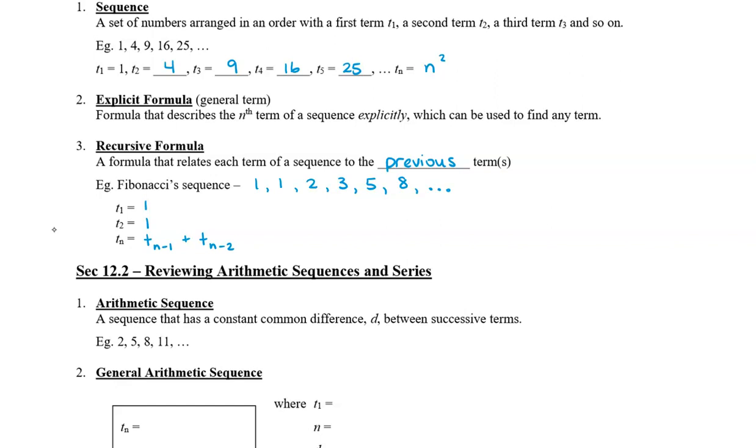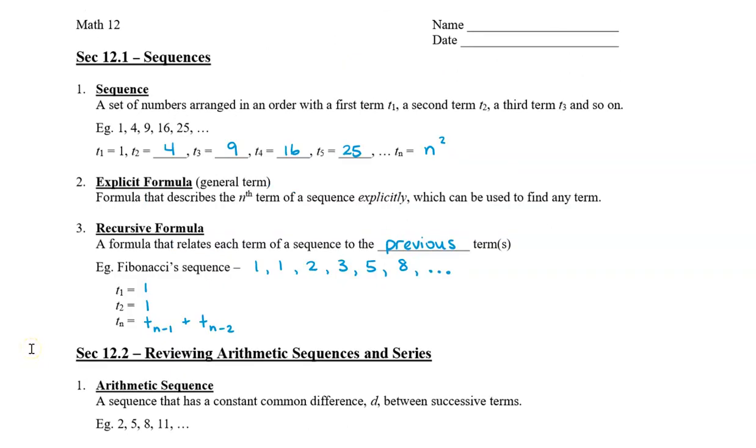So this is recursive because we need terms before to figure out the current term. So this one's not as nice of a formula because if we don't know the previous terms, then we can't find our current term. Whereas in an explicit formula, we can find any term. So even if I ask you to find the 100th term of this first sequence of perfect squares, you can find it without having to know the previous terms.